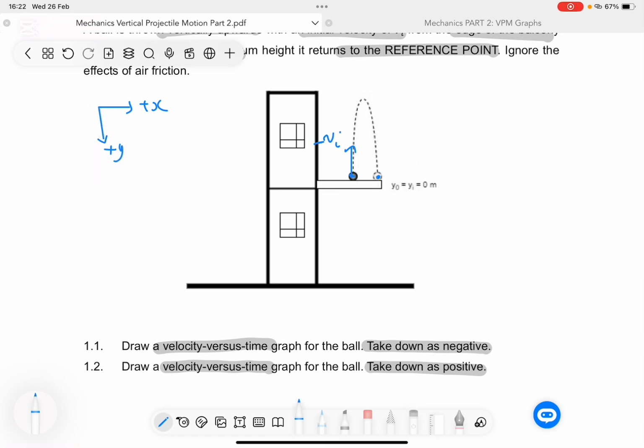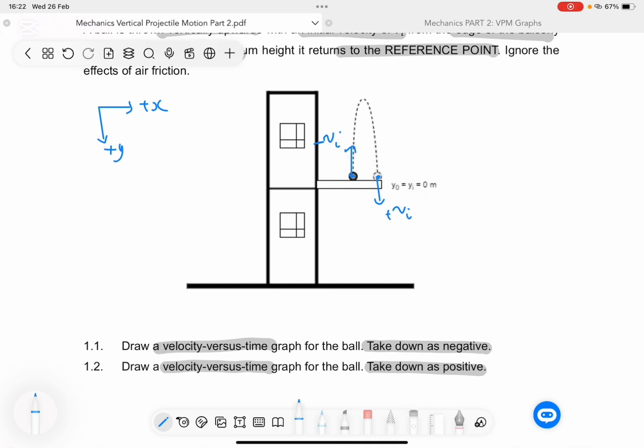So I'm only going to draw this one when it gets here. It's going to be a positive VI. It is VI because speed is symmetrical. The velocity that we go up with is the same as the velocity that we go down with. They're exactly the same, and not only here, but at every point that the projectile reaches. I'm just drawing these two.